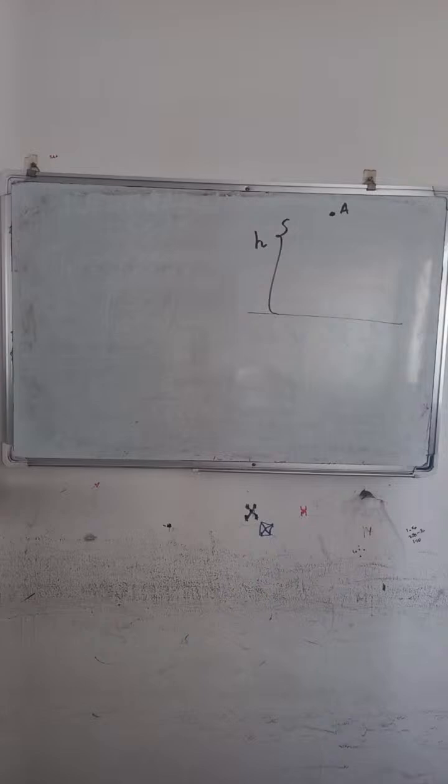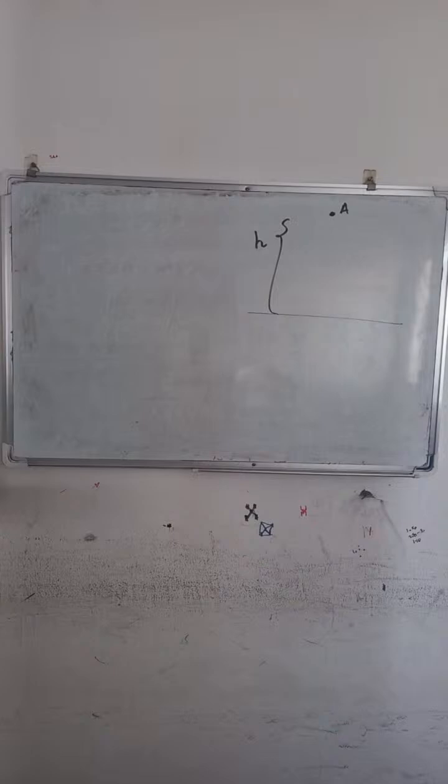So we have to calculate the kinetic energy and potential energy for the system at A, and once we get them, we can calculate the total energy for that body.